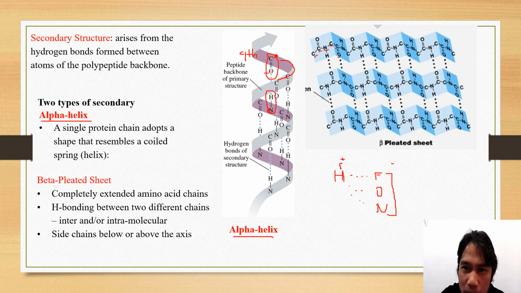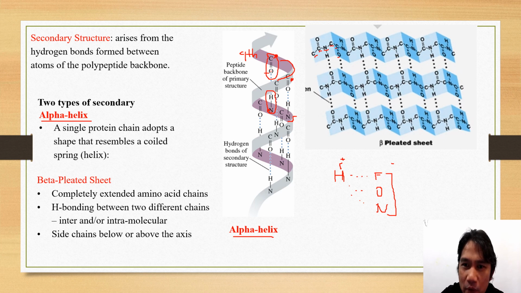For example, this carbonyl group here is the carbonyl group of, say, the second amino acid. It will form a hydrogen bond with the amino group of, this time, not the fourth but the fifth amino acid.